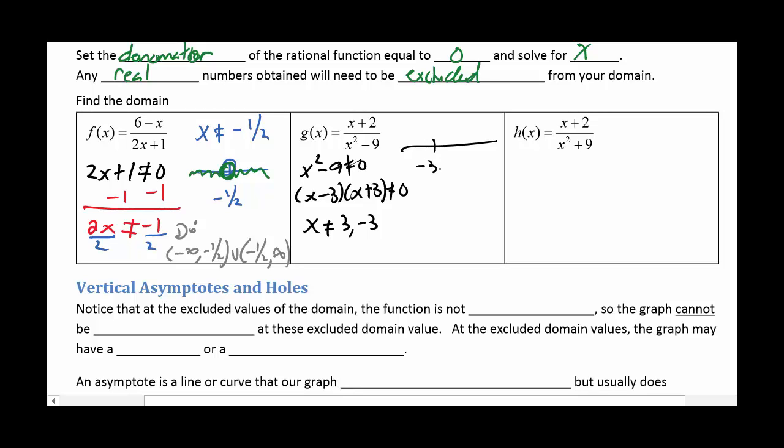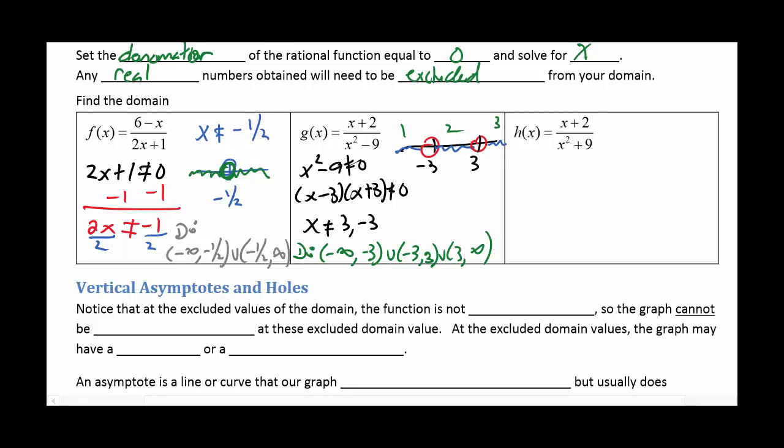So if I look at a number line, there are open circles at 3 and negative 3, and we're shading anything on either side. So I'd want to break up my domain into three pieces: from negative infinity up to negative 3, union negative 3 to 3, and 3 out to infinity. Again, I've got three pieces in my domain statement that correspond to the three pieces on the number line.